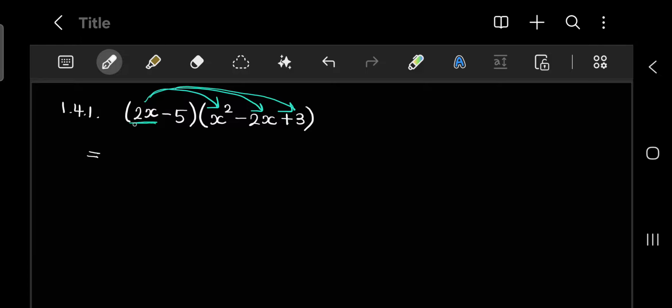So we've got 2x times x squared, which is going to be x cubed. 2x times negative 2x is negative 4x squared. 2x times positive 3 is positive 6x. So we are done with multiplying that 2x out.